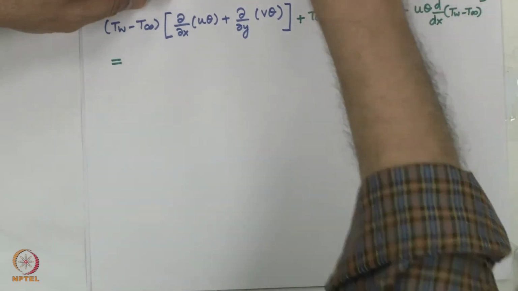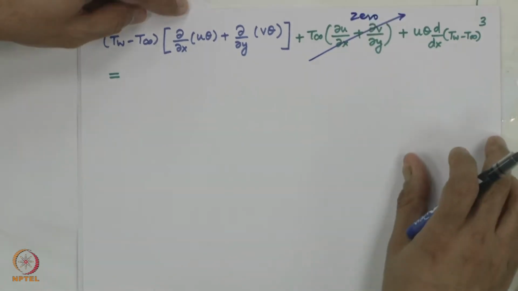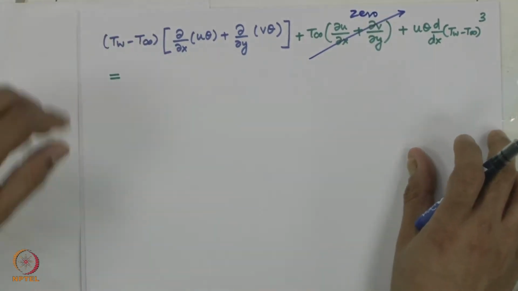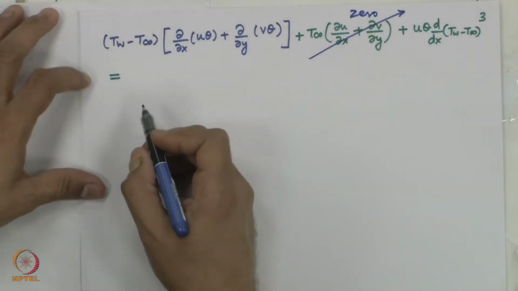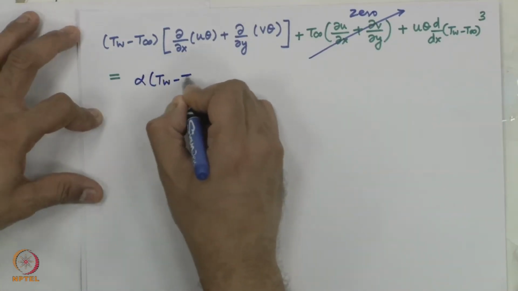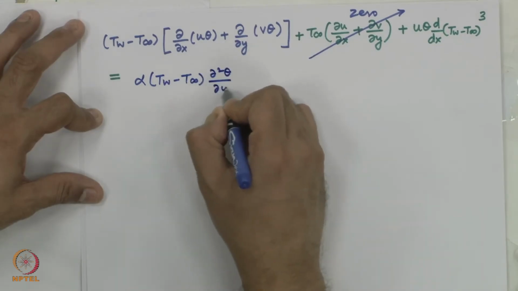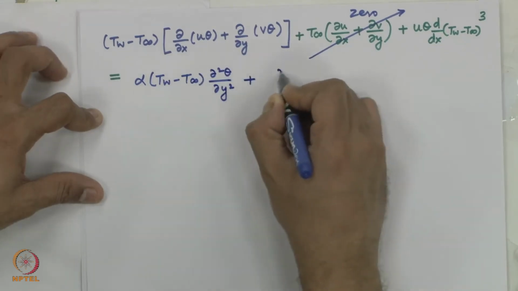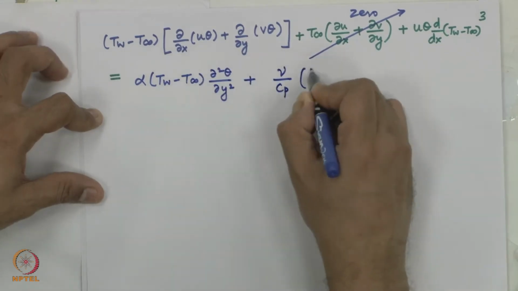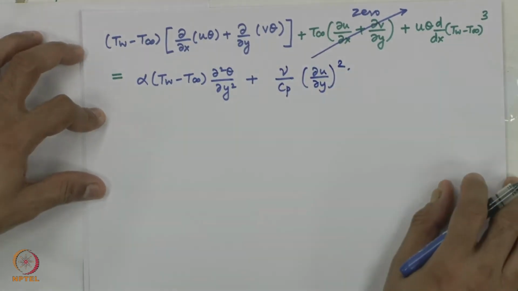This term is equal to 0 because this is the continuity equation. Right hand side is nothing but alpha into T wall minus T infinity d squared theta by dy squared and nu over Cp du by dy the whole square as it is.